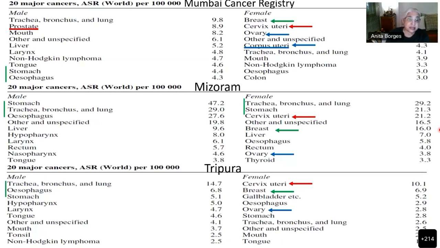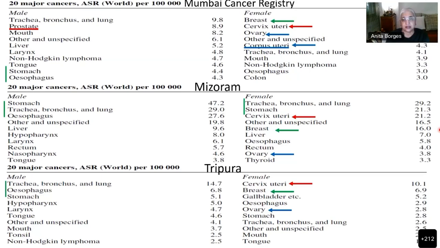Is it very easy to screen for cancer of the trachea, bronchus, and lung? No, it's not very easy. Yes, you may take X-rays of the chest, and maybe you will do it only in high-risk individuals, etc. But certainly for cancer of the esophagus or cancer of the stomach, it's not an easy job. But nonetheless, screening is an important part of why we need epidemiological data.